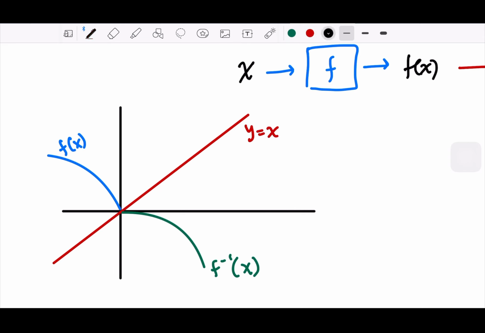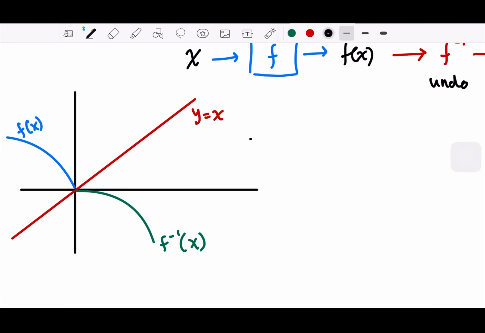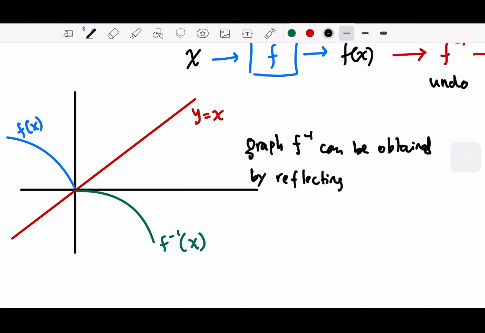So the graph of the inverse can be obtained by reflecting the graph of f about the line y equal x.